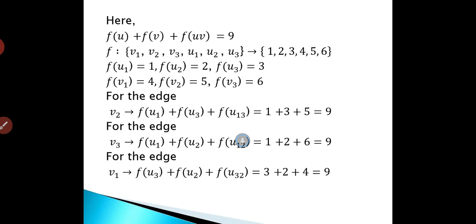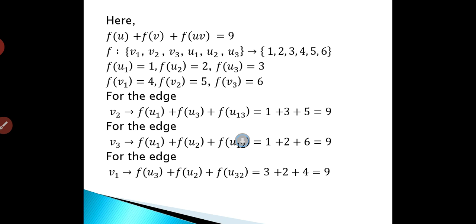Now, see f(u) plus f(v) plus f(uv) equals 9. In this graph, our constant is 9. So now we see how we get 9.